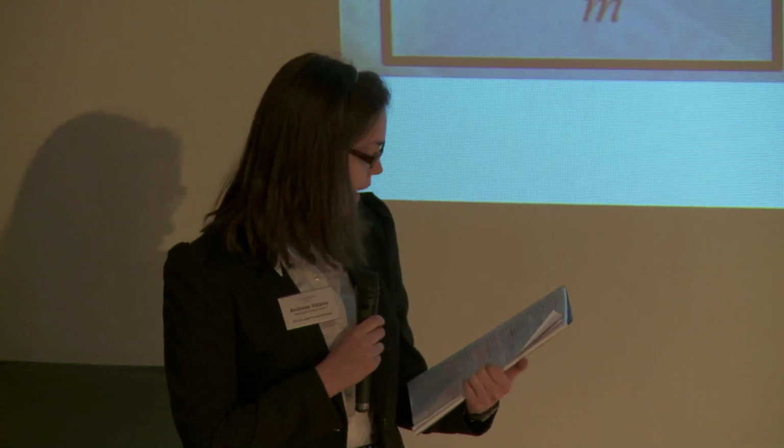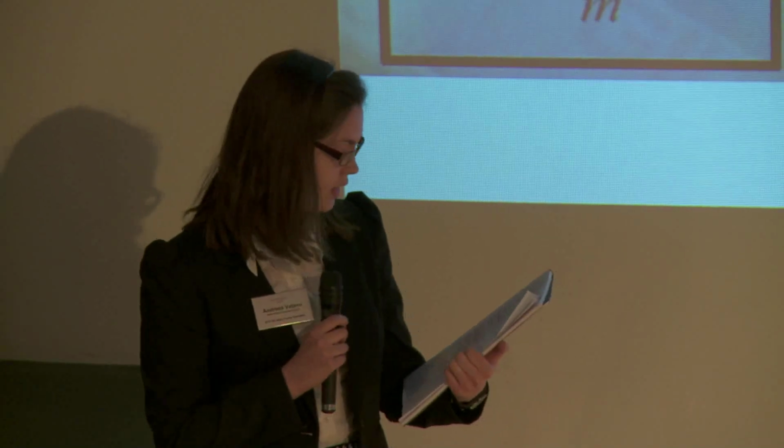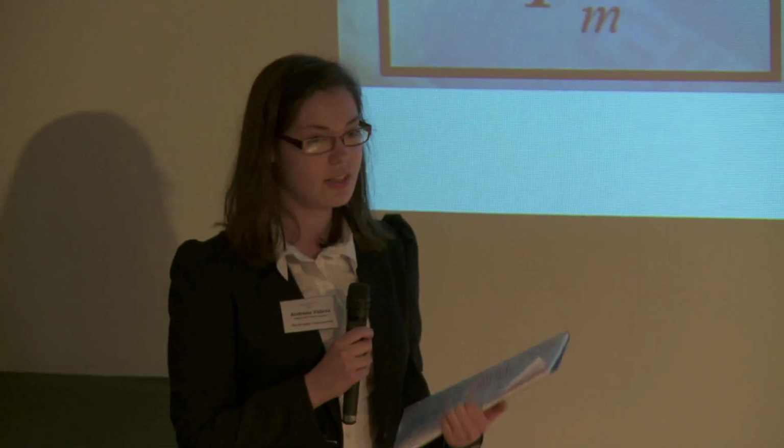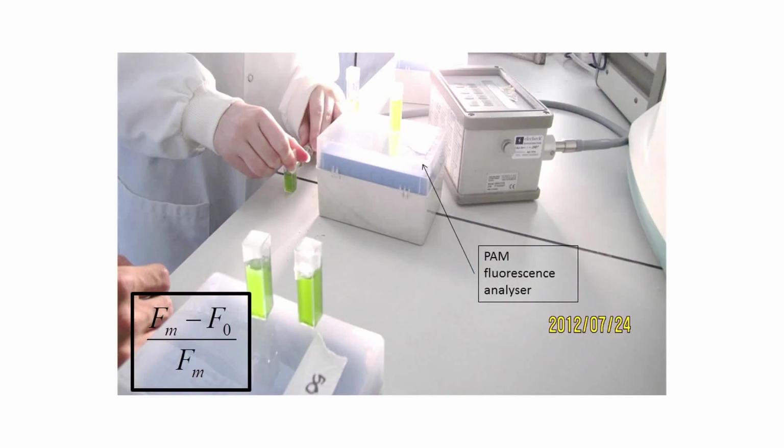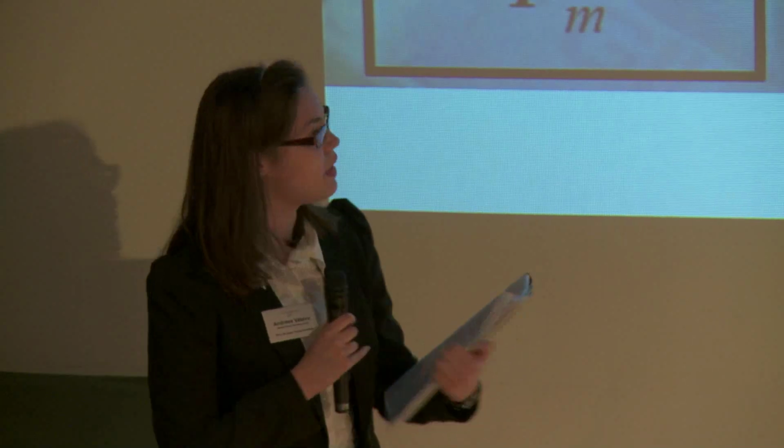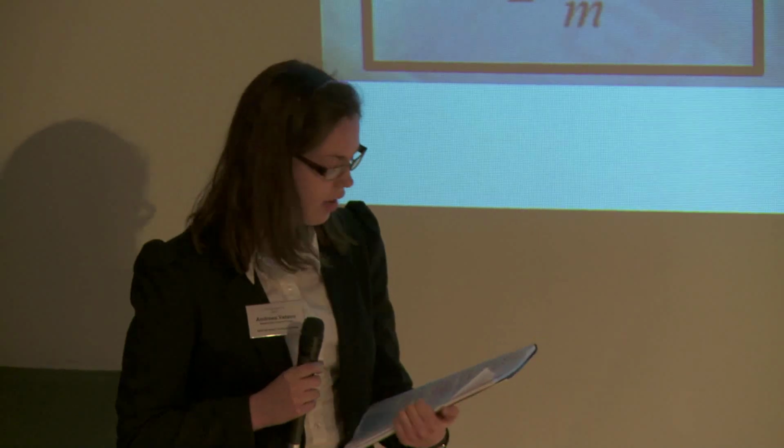First, the PAM produces a measuring light, which is not intense enough to stimulate photosynthesis, but it does promote a fluorescent signal, termed Fo, as we can see, which represents the open photosynthesis reaction centers. So that has the ability to photosynthesize, but the light's not enough.